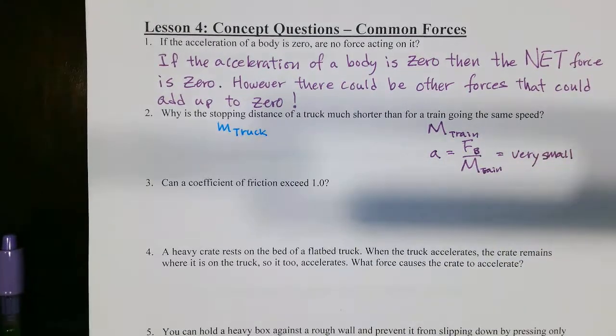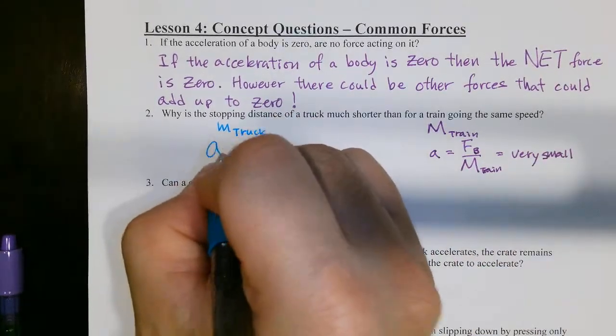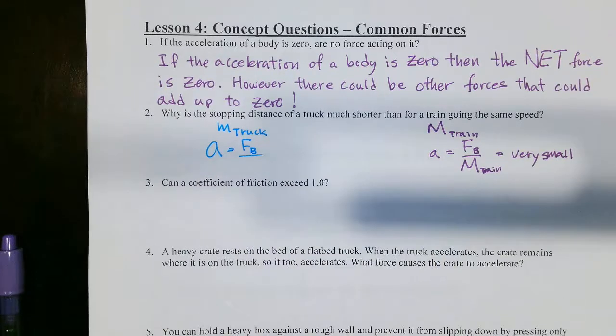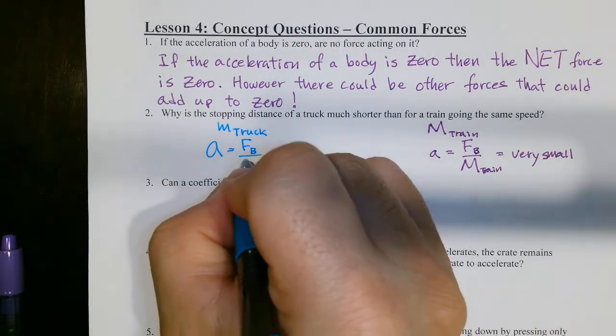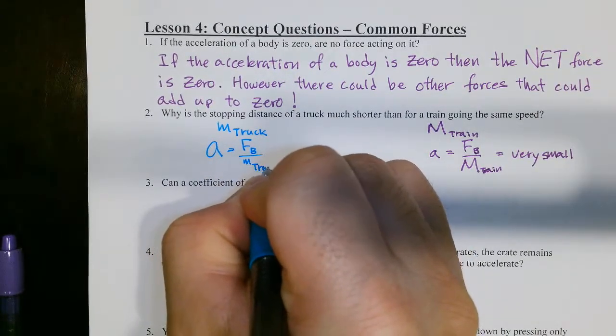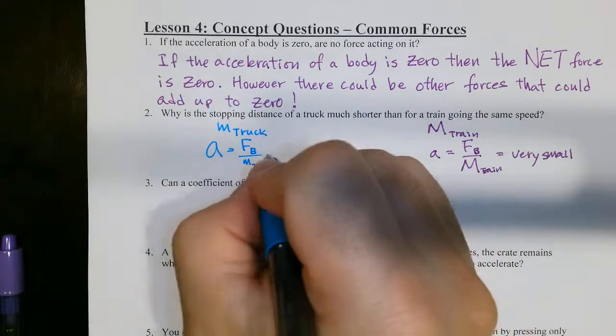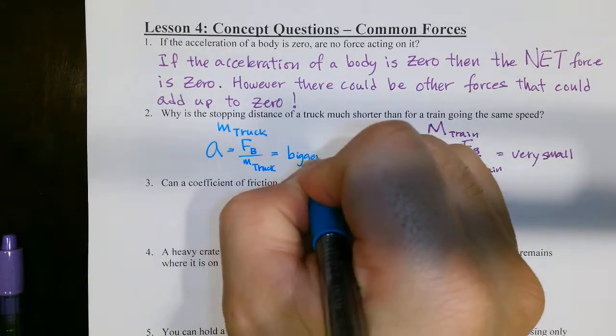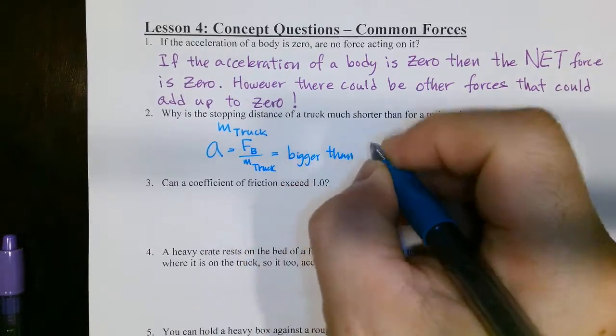But the acceleration from the same brake force divided by the mass of the truck is bigger than the train's.